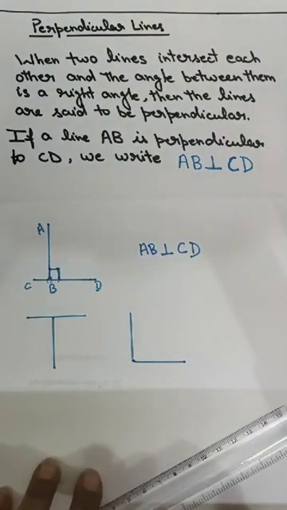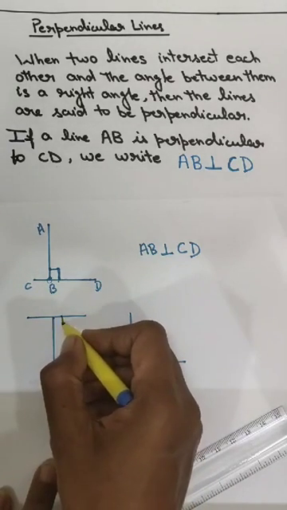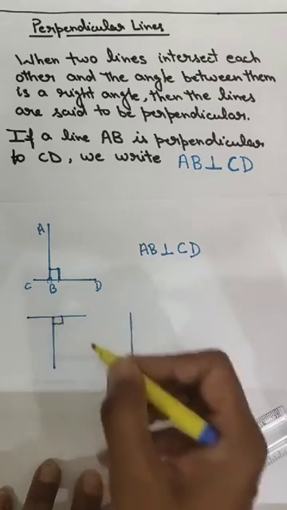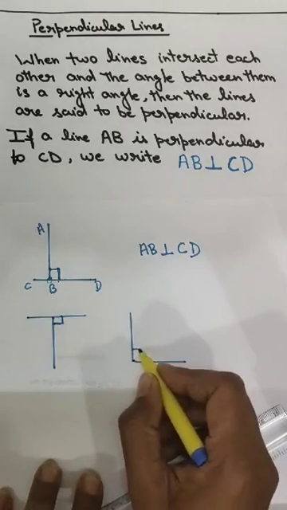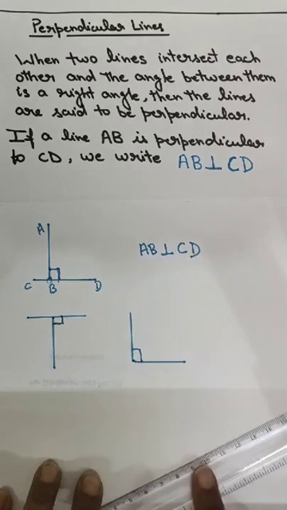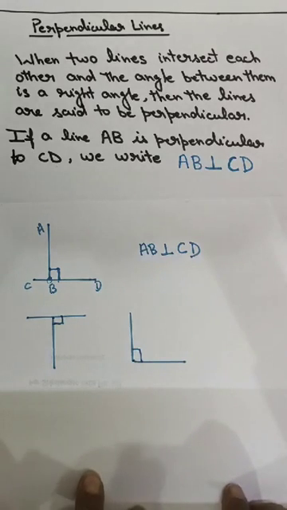Are they not perpendicular? Yes, they are perpendicular. See, they are intersecting also, and they are making the angle of 90 degree also. So these are also examples of perpendicular lines.